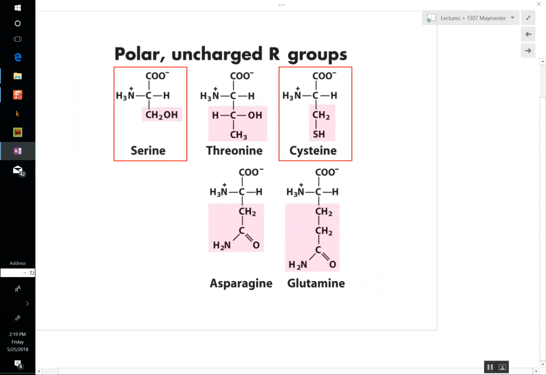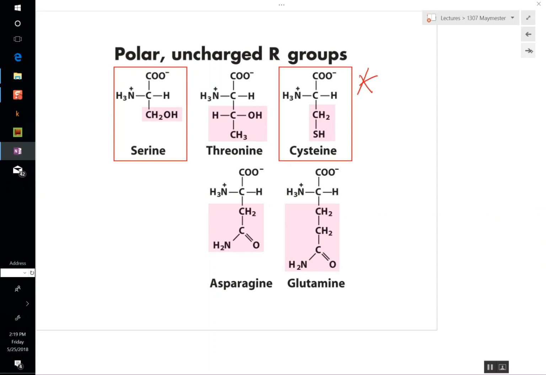Polar. How do you get a polar R group? Well, an alcohol is polar. So serine, threonine, cysteine. An SH group is polar, just like an OH group is. And this is the one for the polar group, cysteine. So this is one you should know.